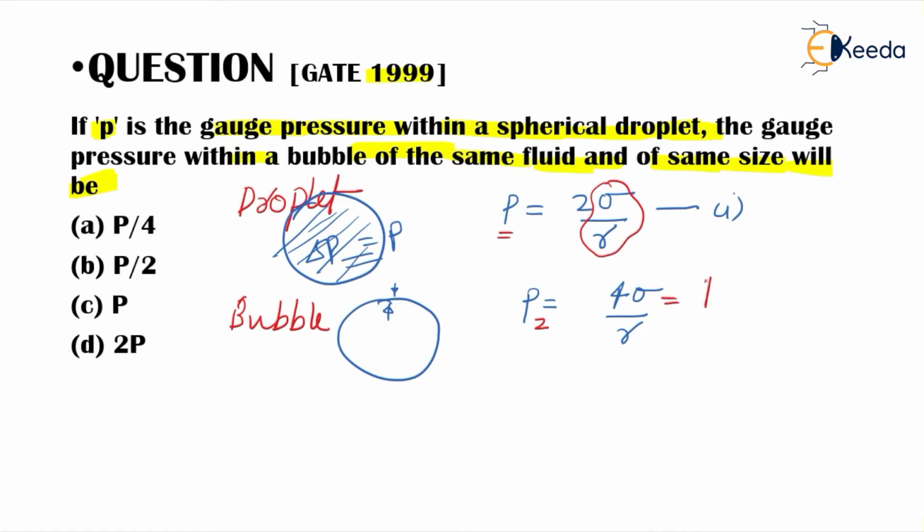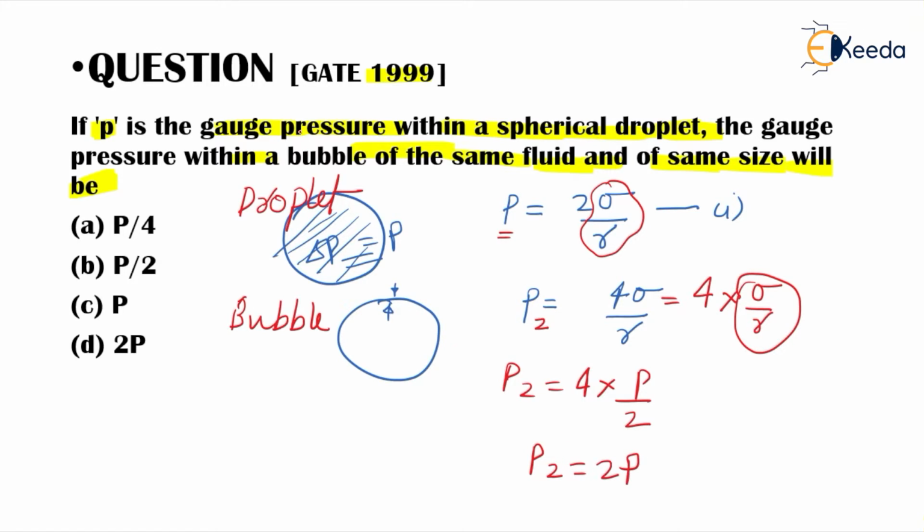So we will write 4 multiplied by sigma by R, and this sigma by R can be replaced by P by 2. So this P2 value comes out to be 2P, and that must be our answer. P2 value comes out to be 2P, so we can go with answer 2P.